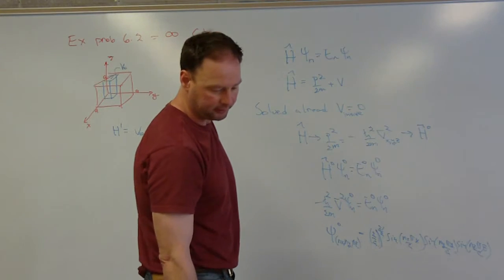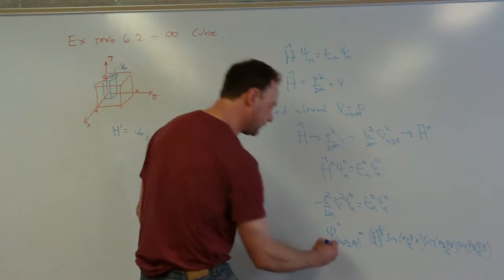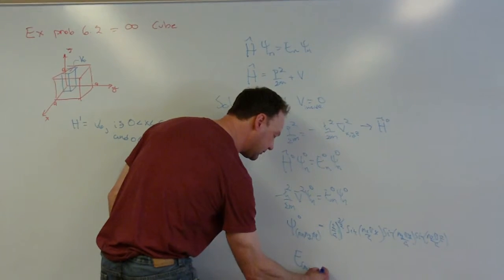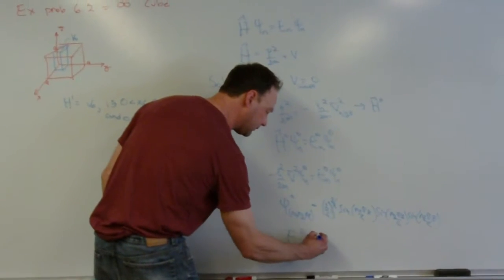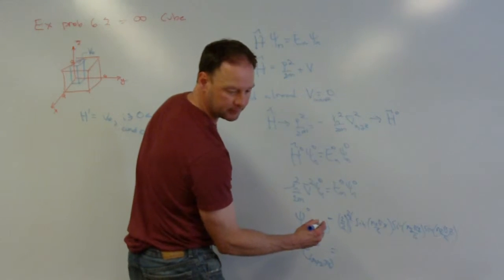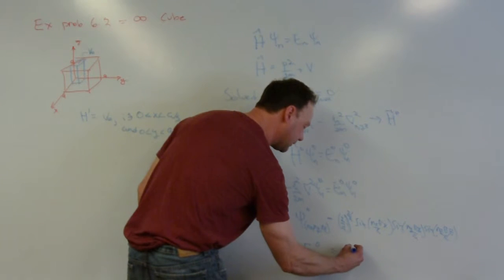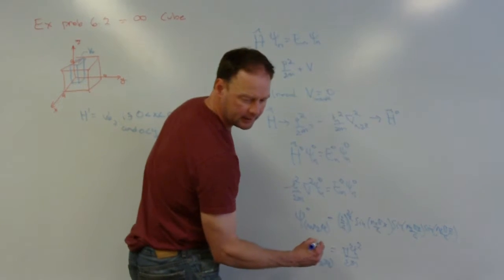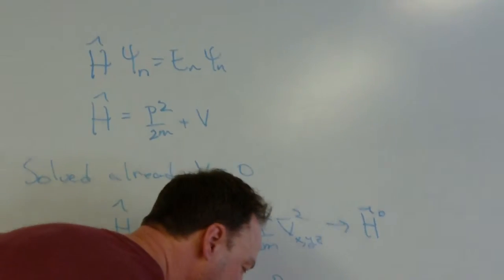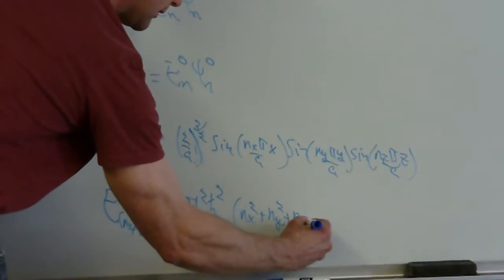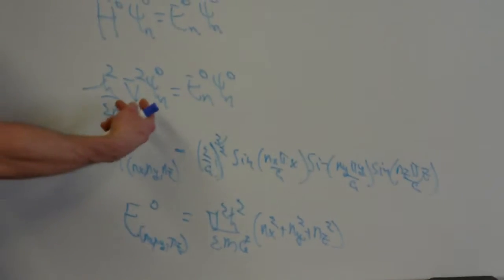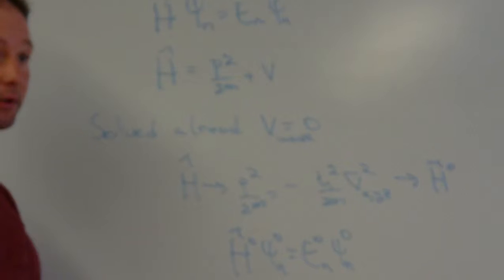All right, so there's no big surprise there, and what we've got here is that E of nx, ny, and nz, 0, equals, we've used this all the time, pi squared h bar squared over 2m a squared, and nx squared plus ny squared plus nz squared. I mean, it's quite literally the 3 separable solutions for each dimension.